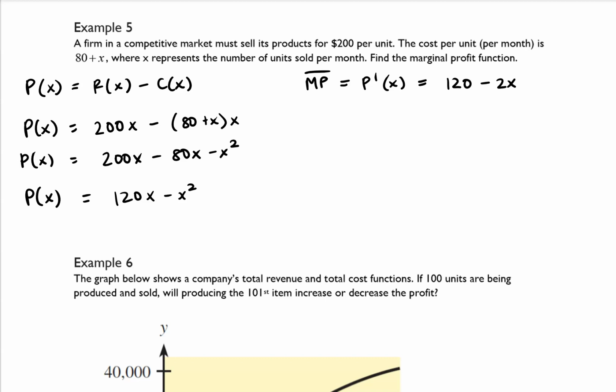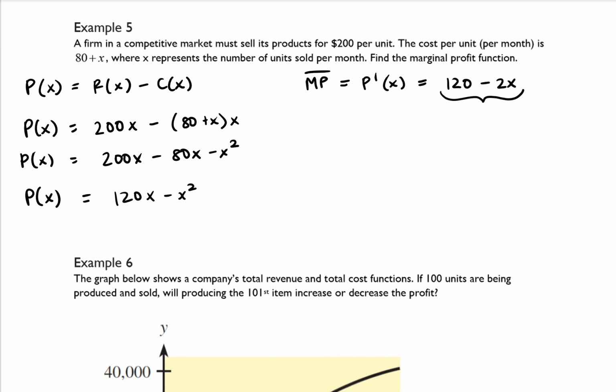Now, one thing that you want to think about is this here is not always going to be a positive number. So there are values that you could plug in for x that are going to make it negative.